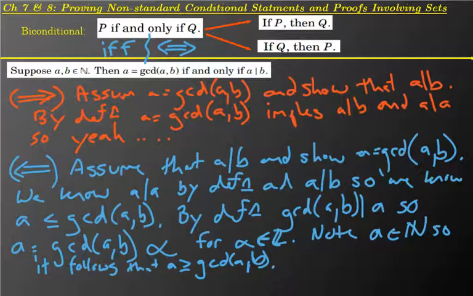Let me stress it this way, I guess. Actually, I'll do a different color. All right. So we have this statement just by definition of divides. And we just said, since this is positive, this only works because this is positive. But you have the GCD of AB times something, right?